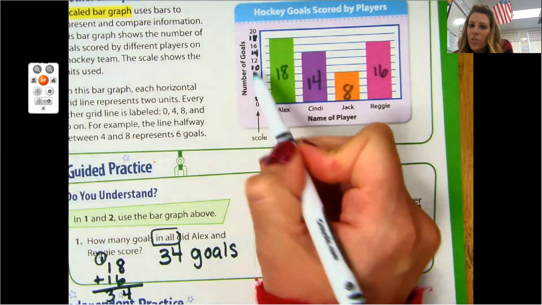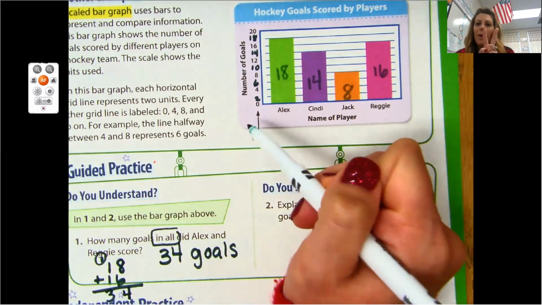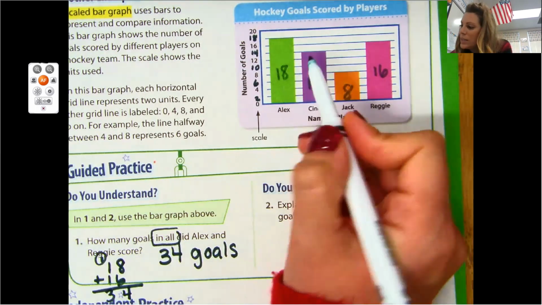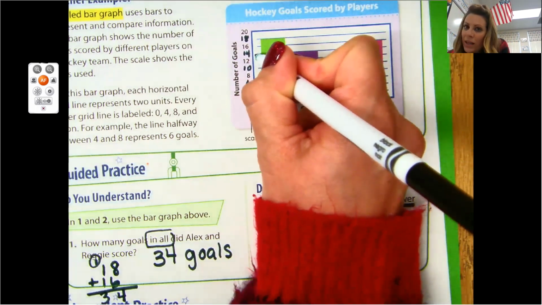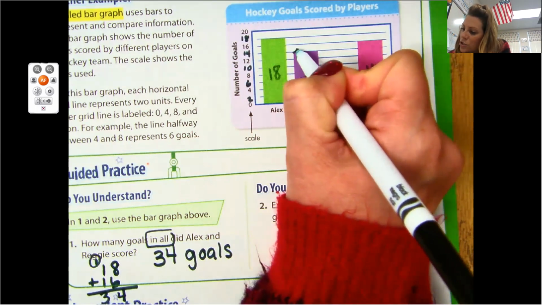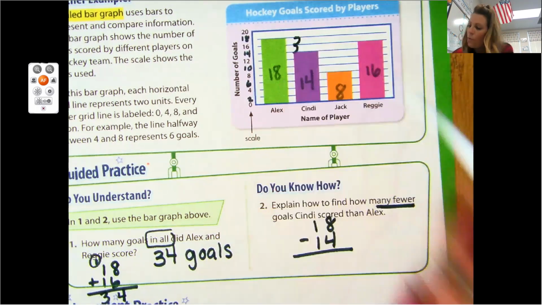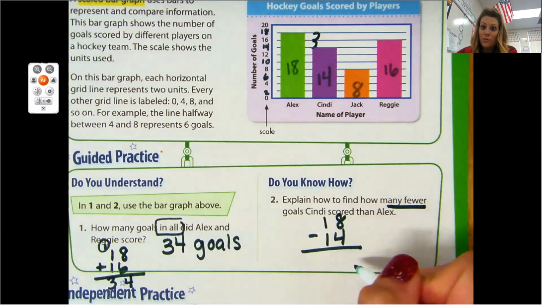Or we know that each line represents what? What did we count by? 2s, right? So if Cindy's at 14 and we want to get up equal to Alex, we would say 2, 4. And is 18 minus 14 4? Yes.